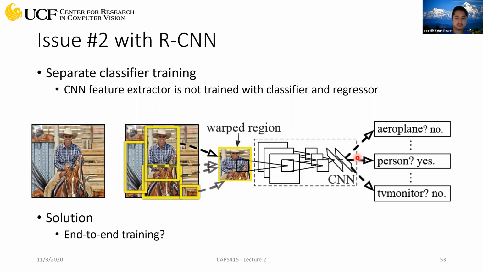What will happen is your feature extractor will extract only those features which are important for the classification task, right? And that's what we are going to do. So we are going to do end-to-end training to avoid this issue from RCNN.